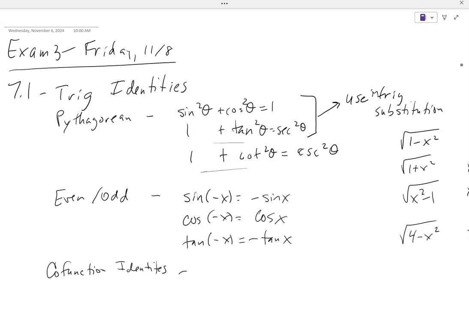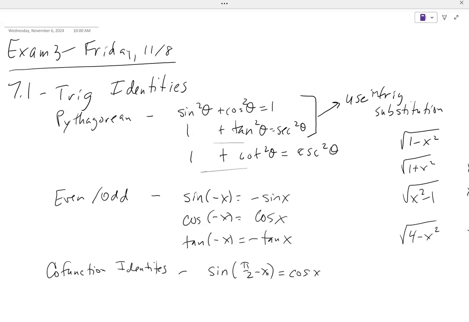The co-functions just have to do with the complement idea. Pi over 2 minus x is the complement of x, if you think about them as angles, right? So if I have the sine of the complement, that's the same thing as the cosine of x.